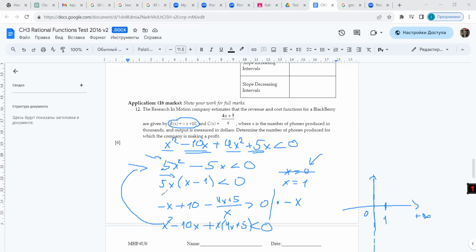If I substitute 1 over 2 here, I get 2.5 times negative 1 over 2. Is it less than 0? 2.5 times 1 times negative 1 over 2 is obviously going to be a negative number, which means it's less than 0.